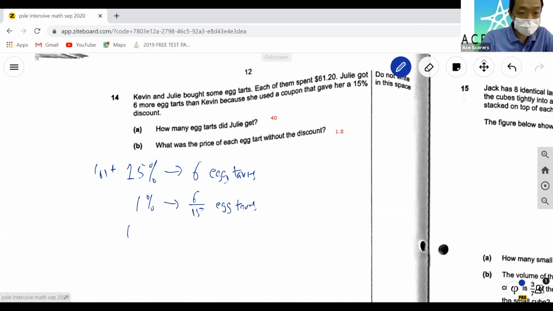Right, so I want to find 100% of the cost. Okay, how do you find that? You can use any percentage method, you know. So 6 over 15 times 100, it's 40 cards, correct? So that's the answer.